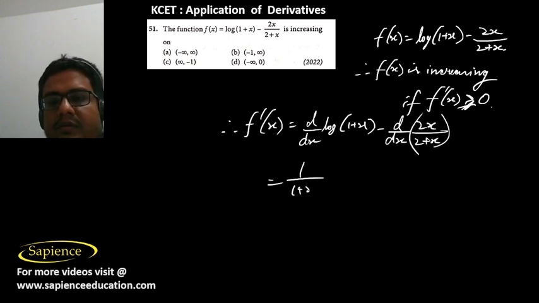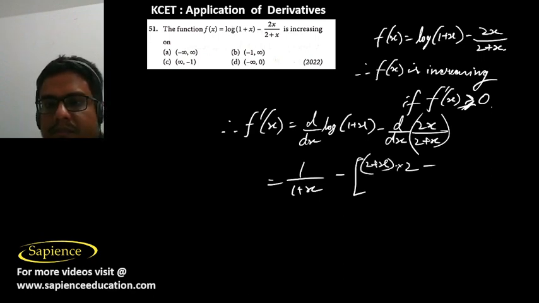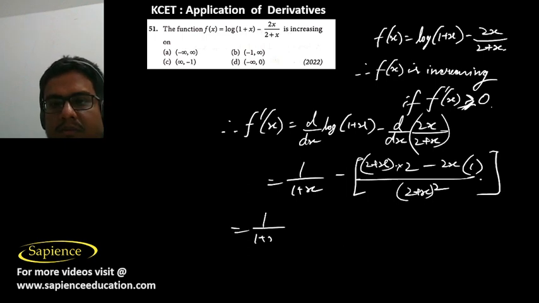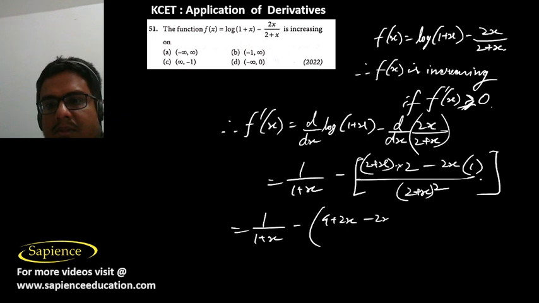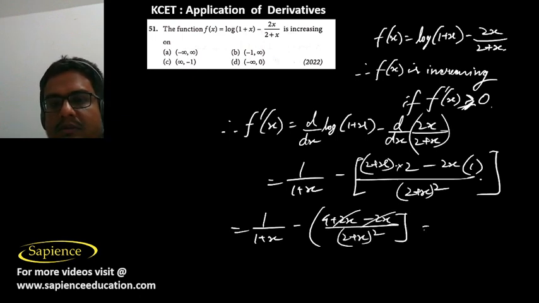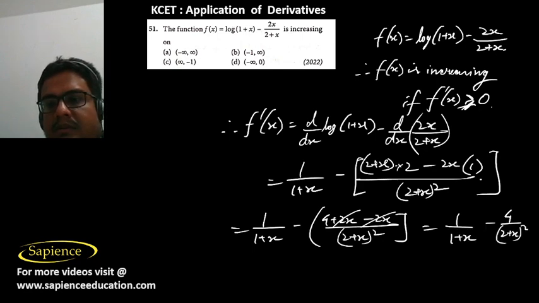It will be 1 by 1 plus x minus 4 plus 2x by (2 plus x) whole square.